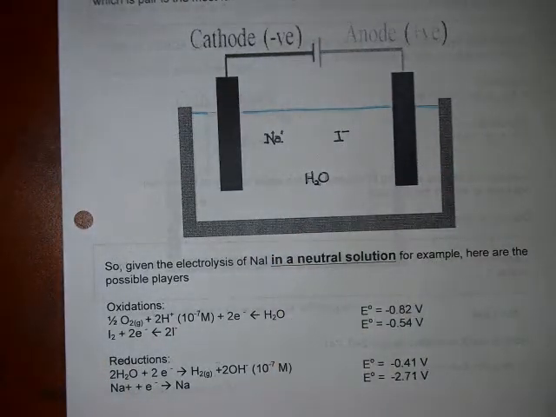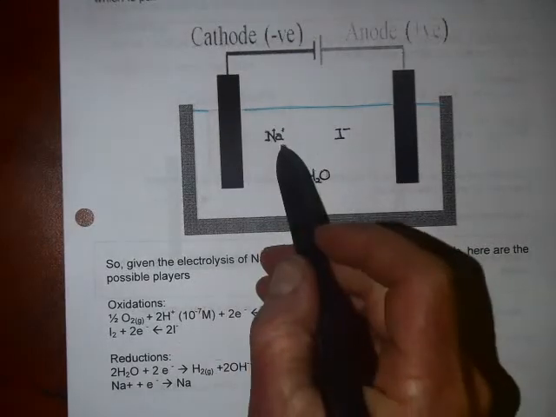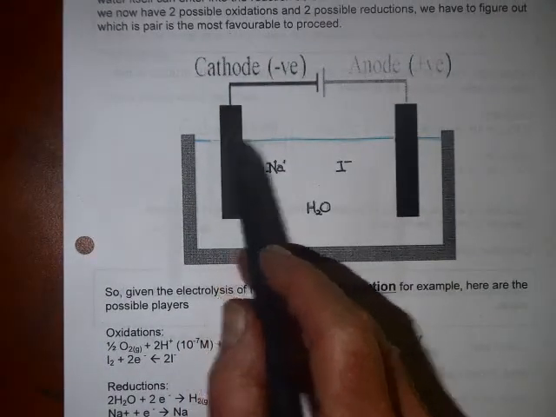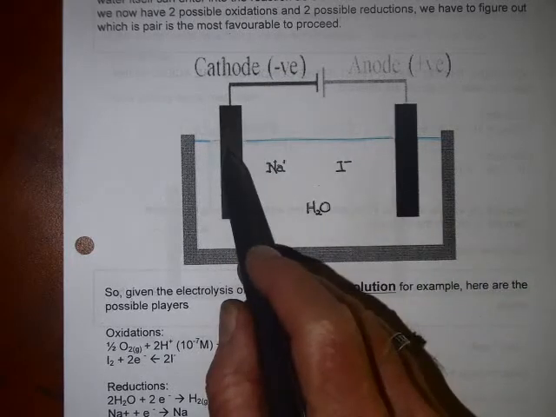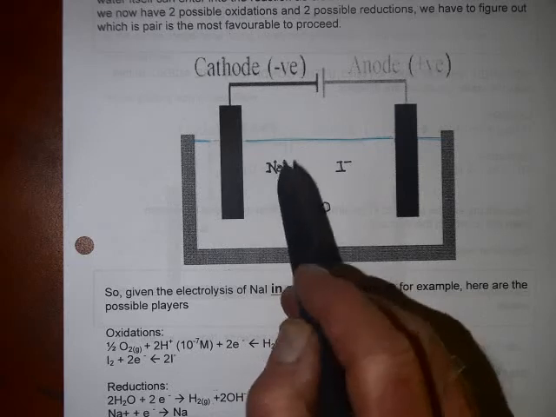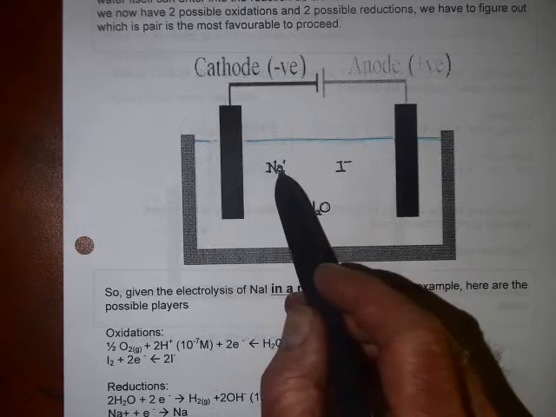So what can happen to the sodium? Well, the only thing that sodium can do in this case, because these are say carbon rods, so they're not going to be part of the reaction, it's just this guy that can react. So the only thing that he can do is pick up an electron and become elemental sodium. So that's what you see down here.